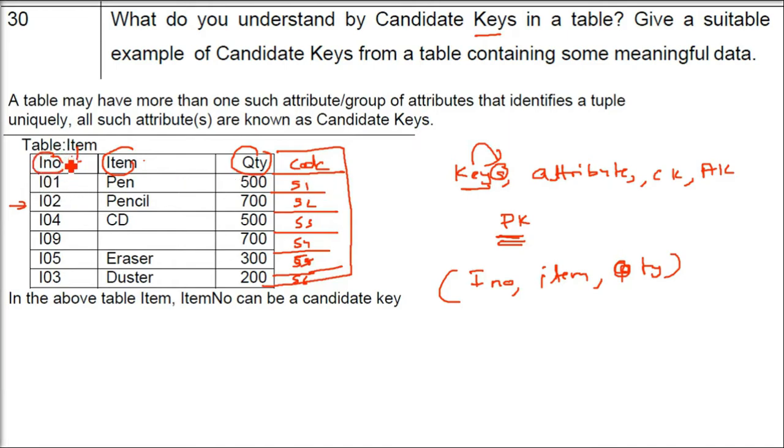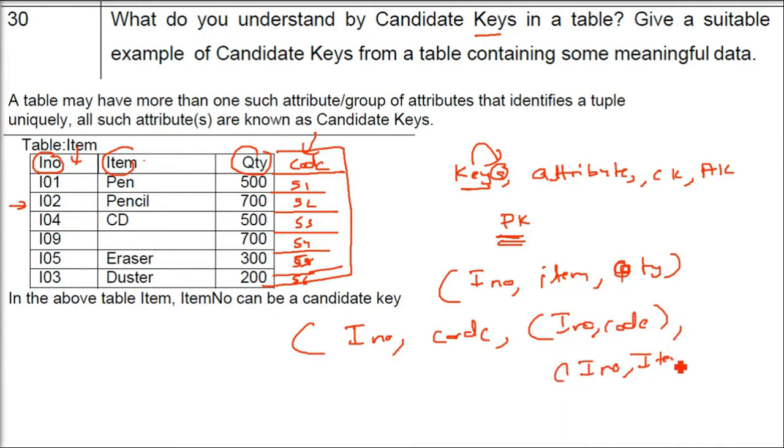So item number can be a primary key because it is unique. Code can be a primary key, it is unique. And if I combine code with item, it can also be a primary key. Item number and code can also be a primary key. That is, item number, code, item number and code, and I number and item. This can also be because this is a unique combination.